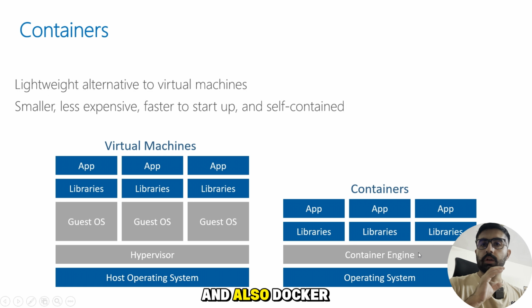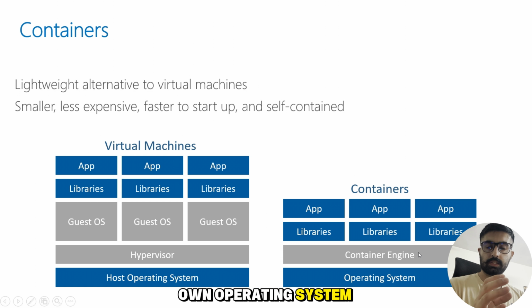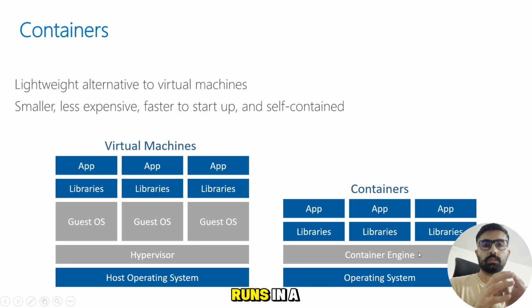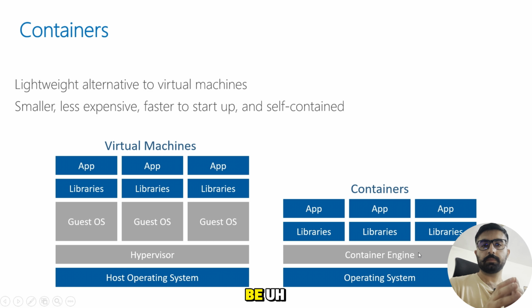Docker containers also have their own operating system, their own network, their own memory, and they are much more secure than virtual machines, because Docker containers run in an isolated environment and cannot be breached very easily.